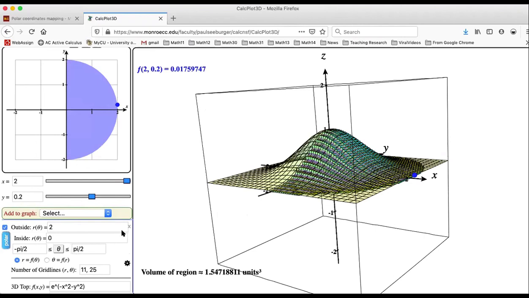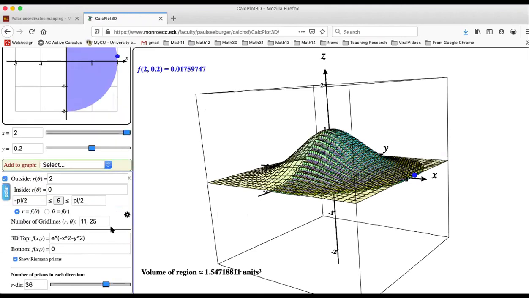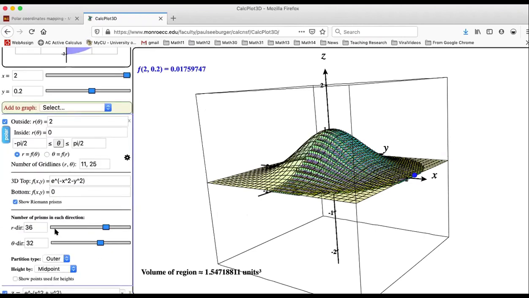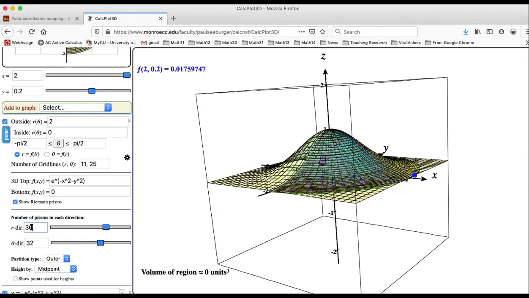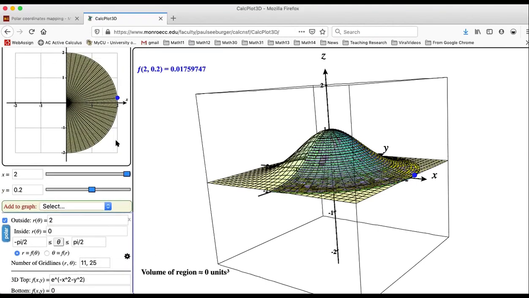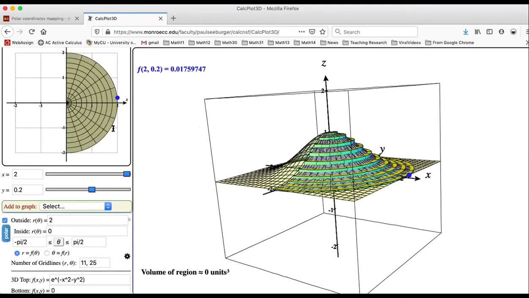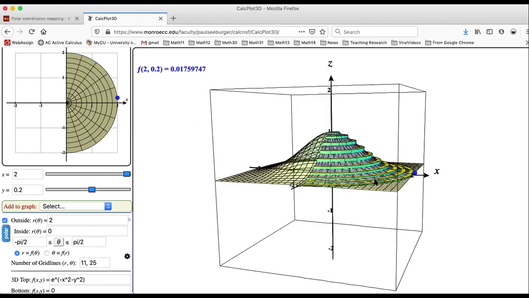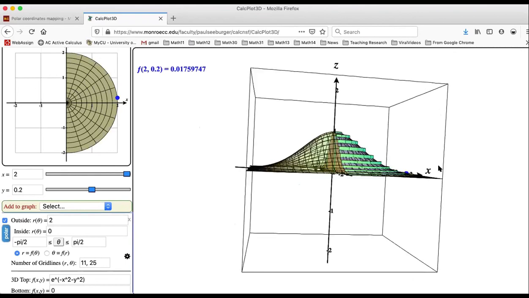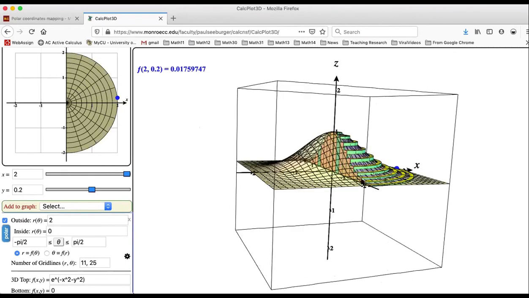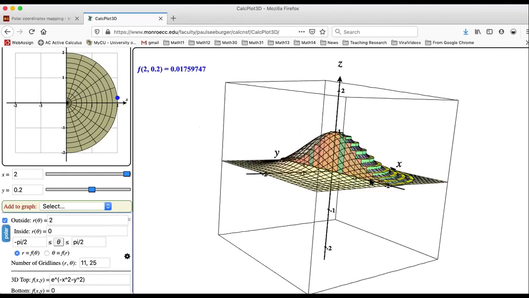So we can make a little picture here. And notice, let's start with way less so you can see what it's going to look like. Let's do 10. Constant r and constant theta is going to give us, I like to call it this polar graph paper, kind of looks like this little spider web shape. But that's going to lead us to these little three-dimensional objects, but they're no longer rectangular.